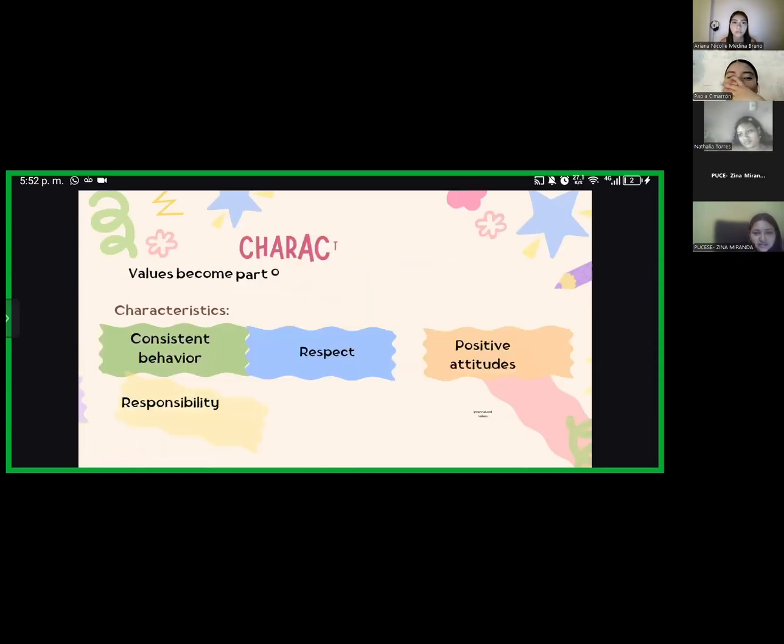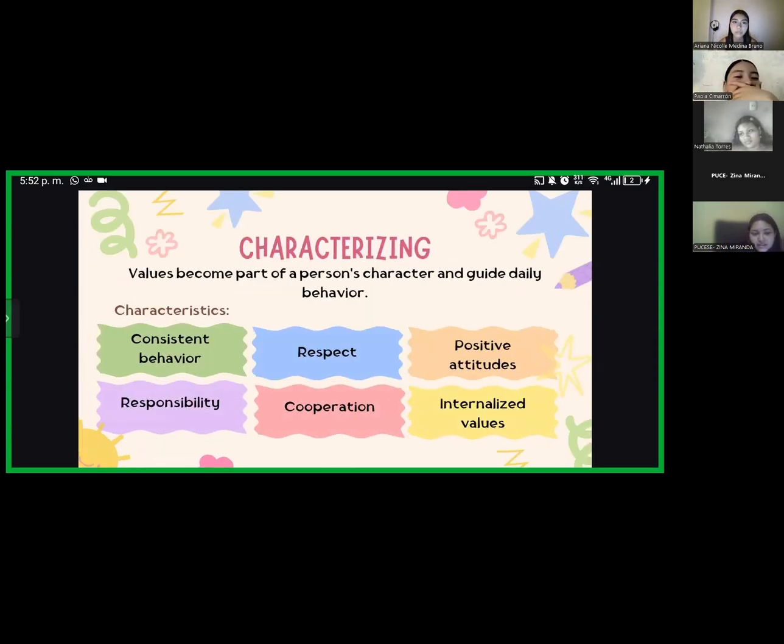What is characterizing? Characterizing is the highest level of the affective domain. These values are no longer temporary or practiced only during specific activities, and instead they become a permanent part of a person's character and guide their behavior in different situations.